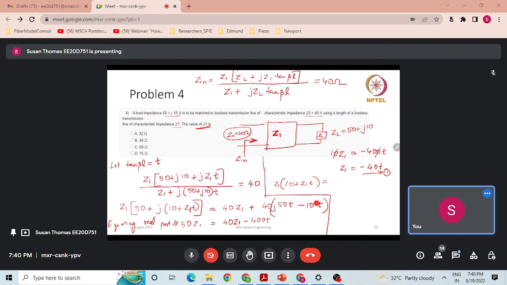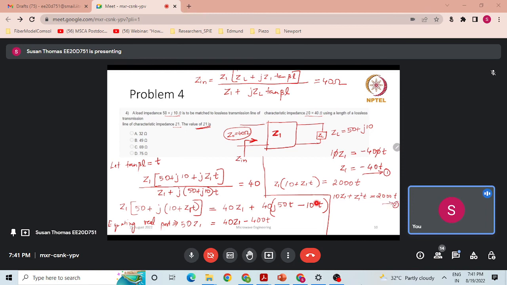That will be 40 into 50, 40 into 50 for 2000 T. Okay, fine. Now 10 Z1 plus Z1 squared T is equal to 2000 T. Okay. Now we have two equations.